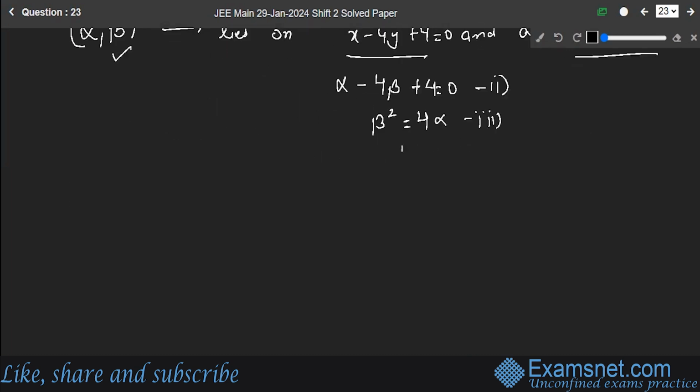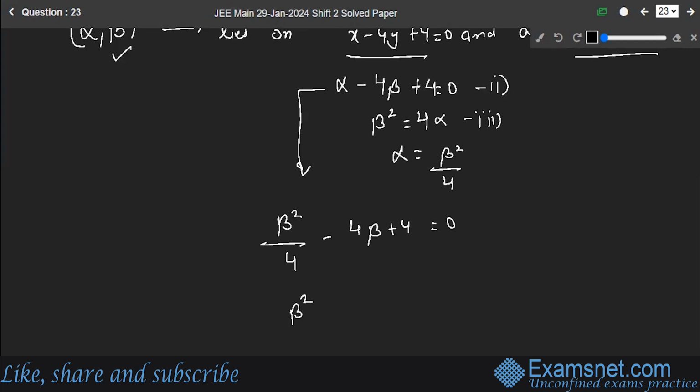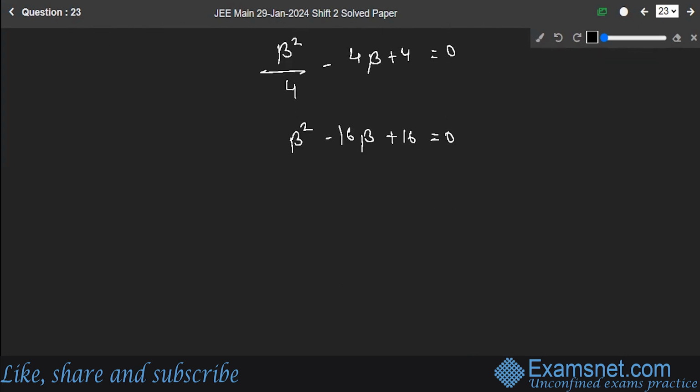You have 4 alpha as this, or alpha is equal to beta squared by 4. Now this equation will be beta squared upon 4 minus 4 beta plus 4 is equal to 0, or you have beta squared minus 16 beta plus 16 is equal to 0. So beta will be, again using the quadratic formula, minus b plus minus root of b squared minus 4ac upon 2a.